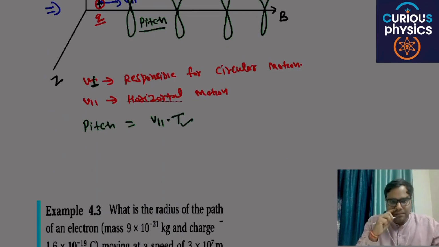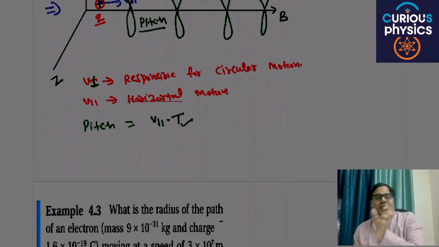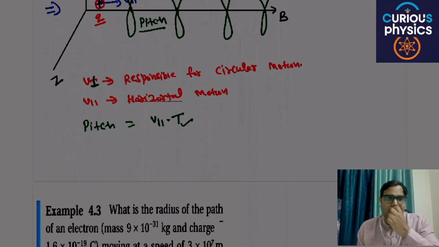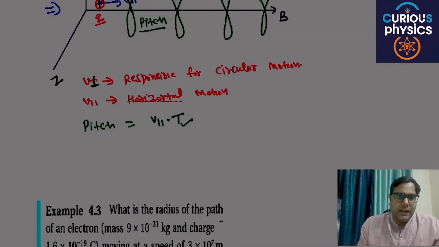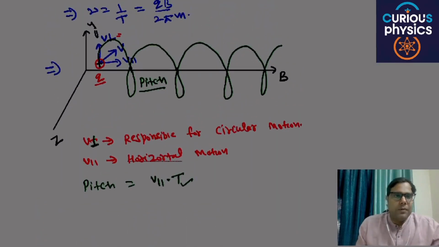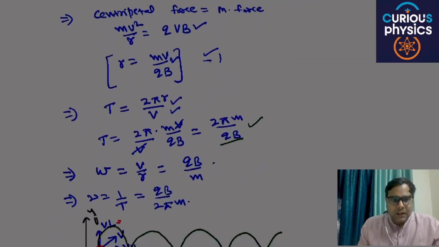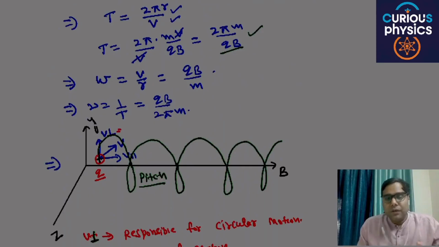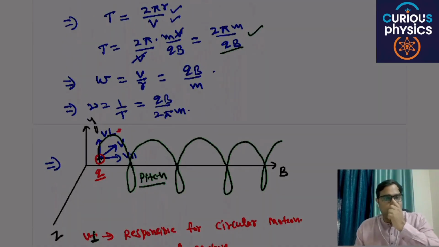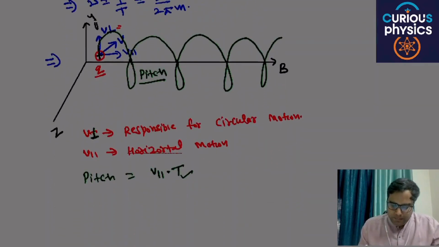This pitch is the forward distance covered by the charged particle. Are you able to understand my point or not? If the velocity is not perpendicular to B, the first task is to create two components, one horizontal and one perpendicular, and then solve simply.